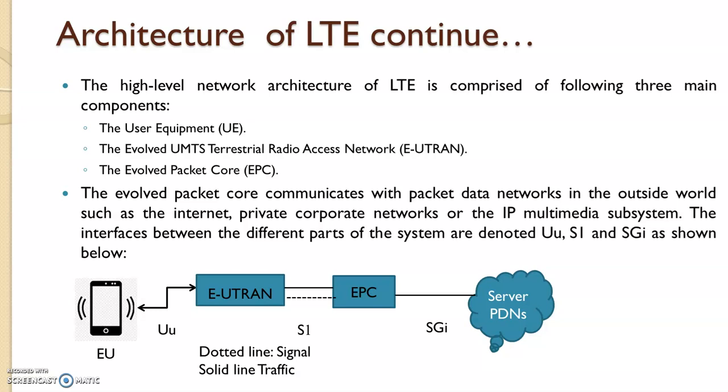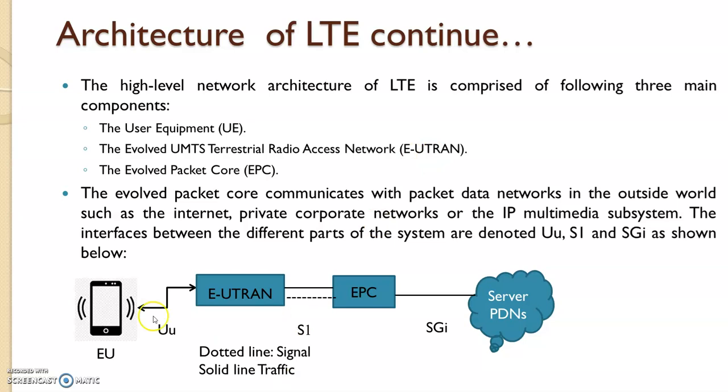The evolved packet core communicates with the packet data network in the outside world, such as the internet, private corporate networks, or the IP multimedia subsystem. The interfaces between the different parts of the system are denoted as Uu, S1, and SGi as shown below.